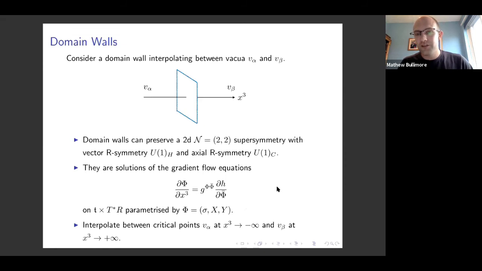So there's no gradient flow for W. You just impose that you need to sit at a critical point of it. This is just the BPS equations for 2,2 supersymmetry. They're basically gradient flow for H and sit at the critical points for W. Okay.